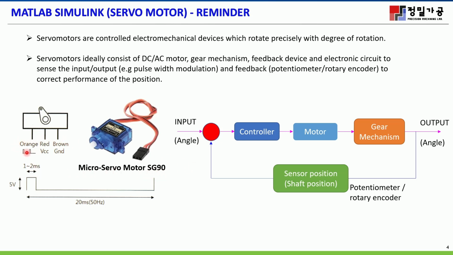It has orange, red, and brown cables, or pins. The orange cable is controlled by pulse width modulation at a frequency of around 50 Hz, and the duty cycle, the width of the signal, is controlled within a certain range.